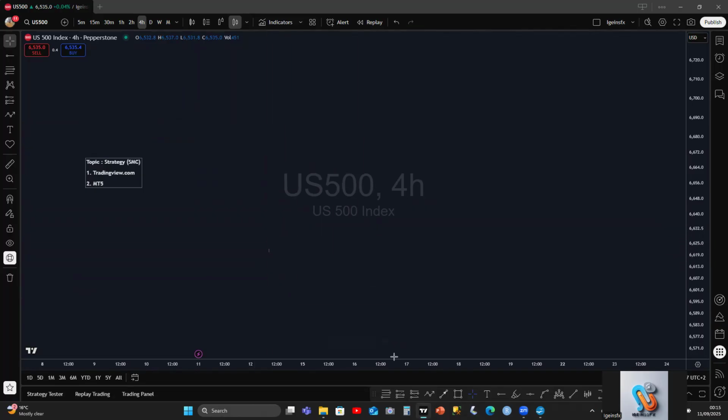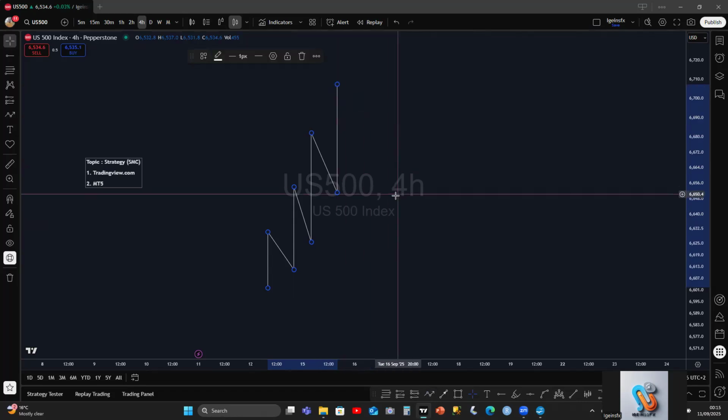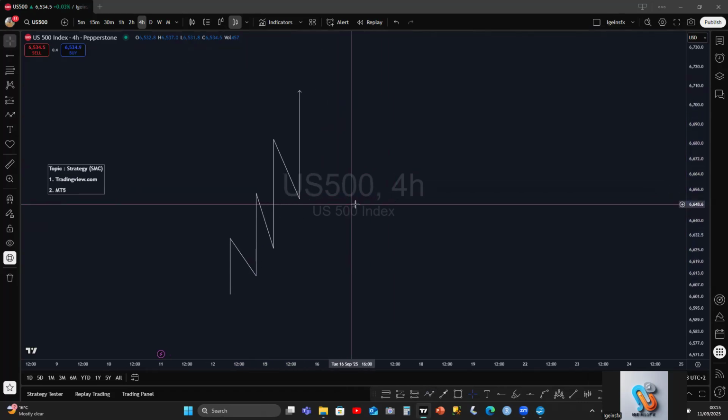We have a trend: push, pullback. Another push, breaking structure, pullback. Another push, breaking structure. We have a pullback. We have another push like this. All right.